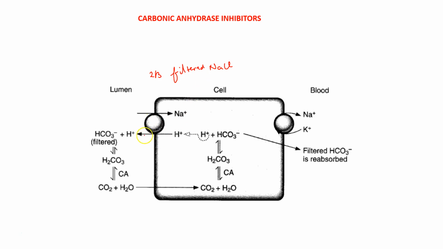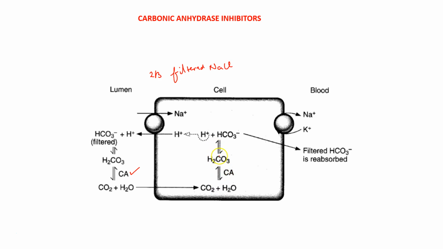As H+ is exchanged to enter the lumen, it binds with filtered bicarbonate to form carbonic acid, and this carbonic acid is dehydrated in the presence of enzyme carbonic anhydrase to form CO2 and H2O, which is reabsorbed into the cell to form carbonic acid with the help of the enzyme carbonic anhydrase.